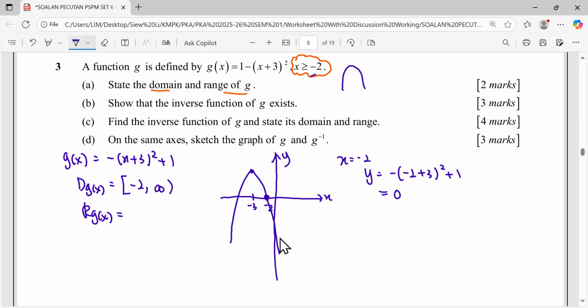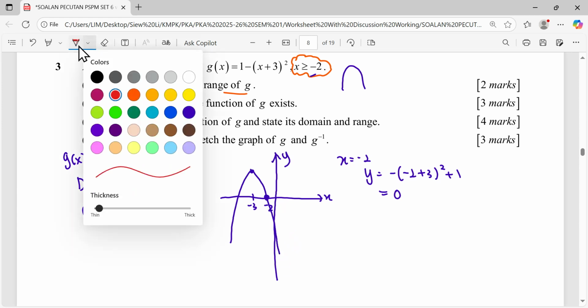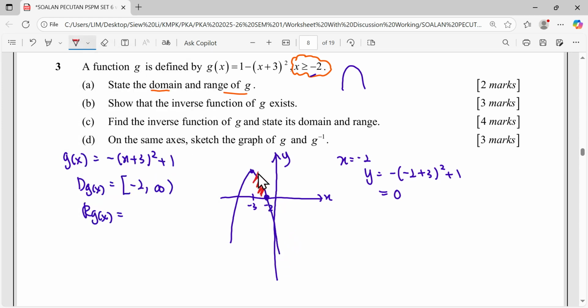So start from here, dia punya graph, dia punya function, then this one is not in your domain, our graph tinggal sini je sekerat. So therefore kita punya range, negative infinity up to negative 1.